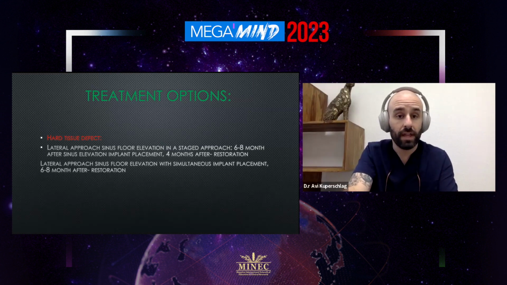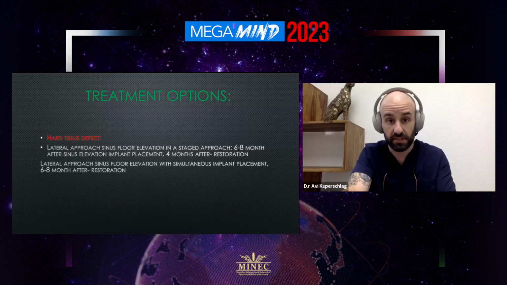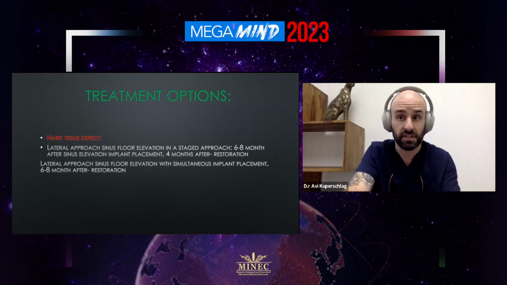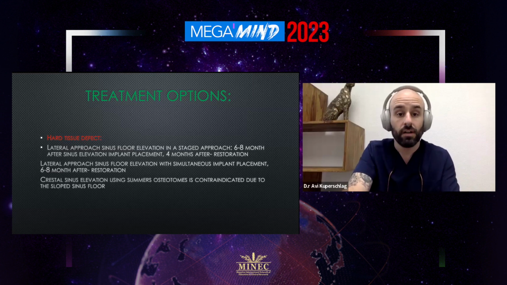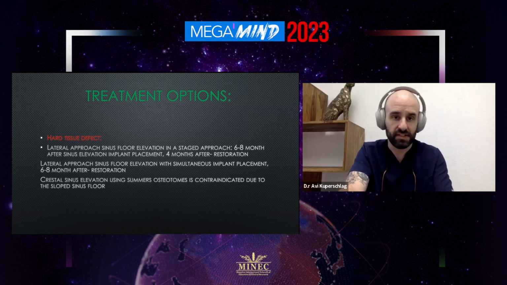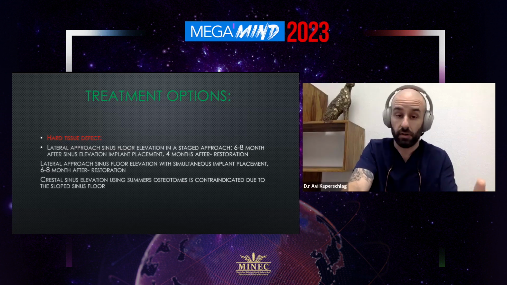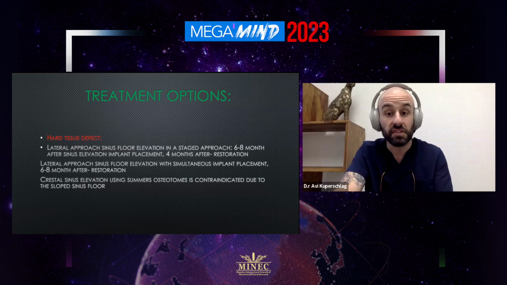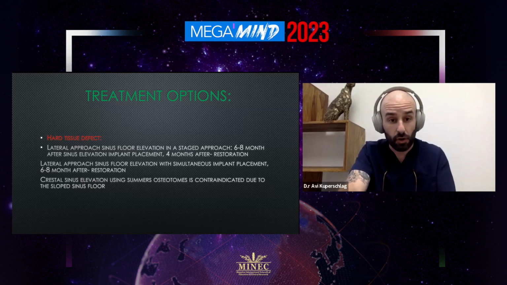Option B, we go for a lateral approach with simultaneously placing the implant. We wait 6 to 8 months, and then we go for the restoration. Or we can go for crestal sinus elevation, but we cannot use Summers osteotomes. It is contraindicated due to the sloped sinus floor.